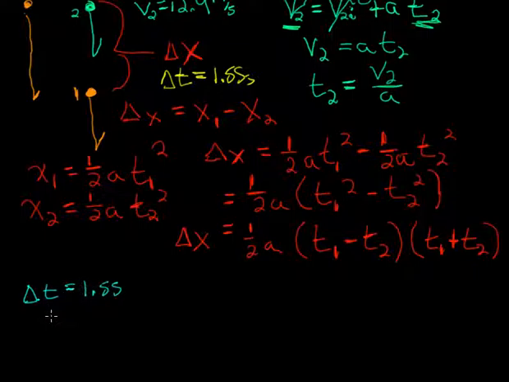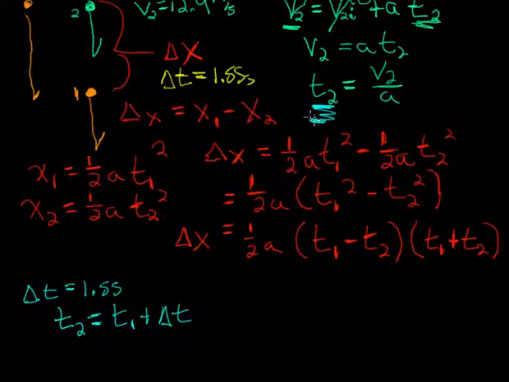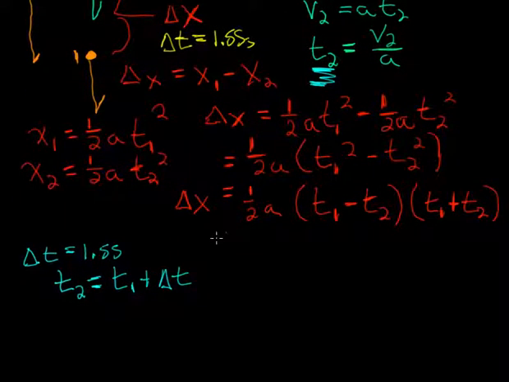If we drop the first stone, and then wait until we drop the second stone, 1.55 seconds, then T2 is always going to be T1 plus delta T. Because everything's in the case of T2 here, right? T2, our stone 2, is the one that's giving us the most information. It's giving us the velocity. We'll rearrange this so that we have everything in terms of T2.